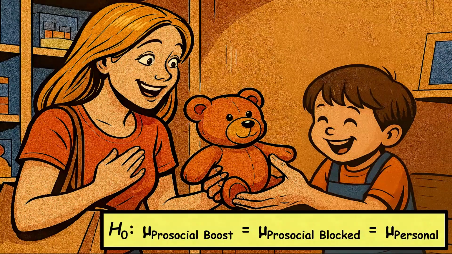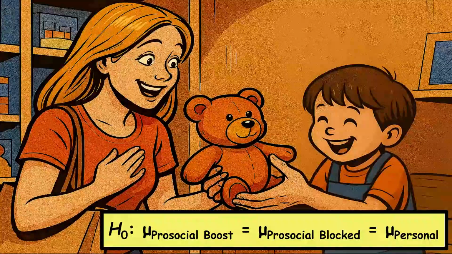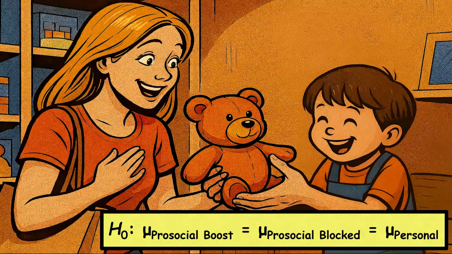So we have 3 different populations: individuals that gave to others and it was a meaningful experience, individuals that gave to others and it was not a meaningful experience to the other person, and individuals that kept things for themselves. The null hypothesis is that there is no difference in average subjective well-being scores across those 3 populations.